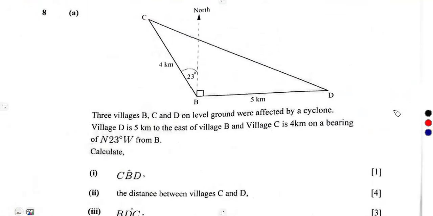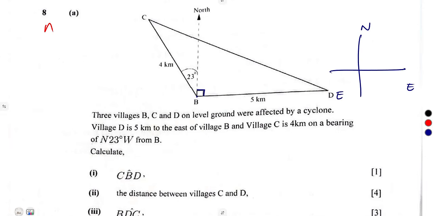You are given here, all right, part of your trigonometry. Three villages are on level ground affected by a cyclone. Village D is 5 kilometers due east of B. So this is horizontally given from here. That's at 90 degrees, due east. This is north and this is east. So that is the consideration of due east.